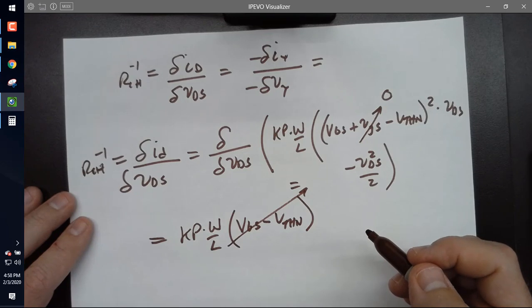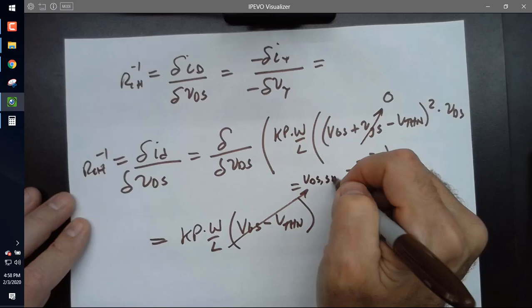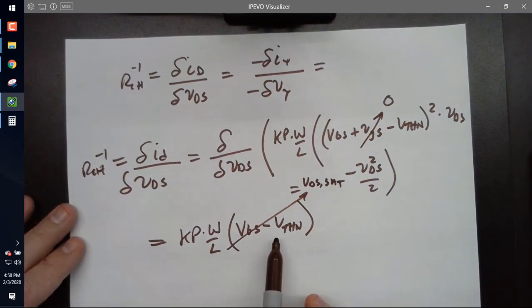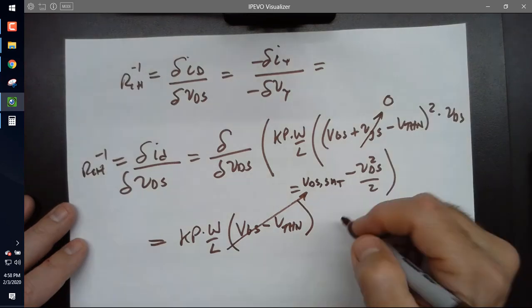This is why I'm doing it, because I didn't think anybody caught that. VDS sat. That's another name. When you say VDS sat, it's just a lazy way of saying VGS minus V threshold N. And then what is this term, the derivative?